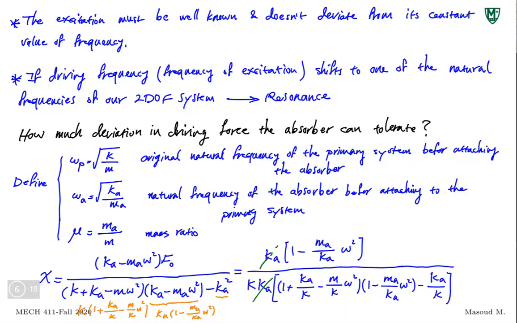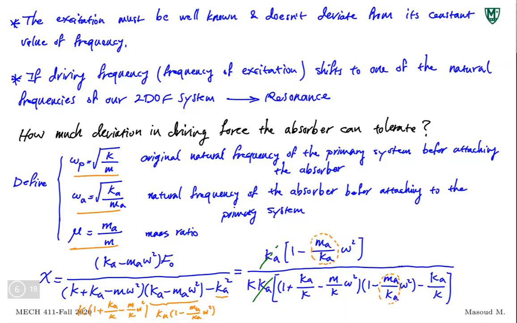Now let's see what can we do. I want to use the terms that I defined to rewrite this equation. I have a term ma over Ka. I have one here, and I have another one there. Let's see how can I write it based on what I defined, based on these three terms.